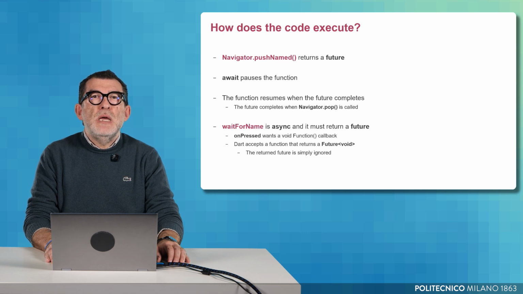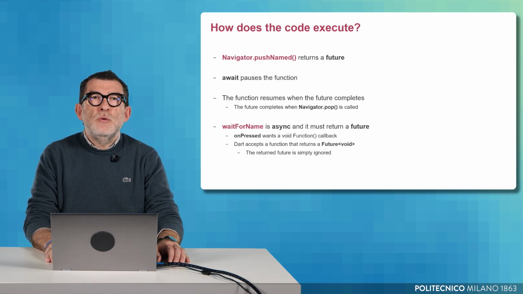The UI remains responsive because the pause is asynchronous and not blocking. The function waitForName resumes only when the future completes. This happens when the second screen calls Navigator.pop(context, text), returning the entered name. At that moment, the future completes, await finishes, and the execution continues in waitForName, which then updates the state.